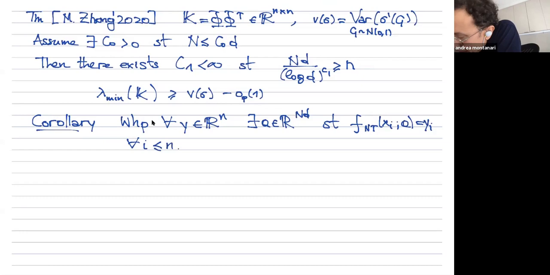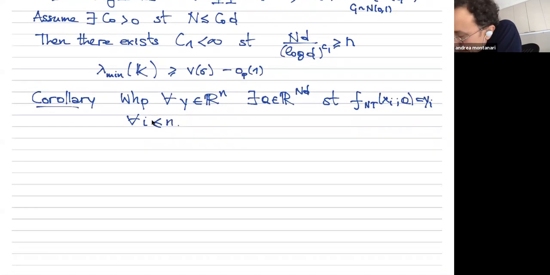Okay, so there is interpolation, and since we are in the neural tangent regime, it can be found by gradient descent, at least up to an arbitrarily small error.